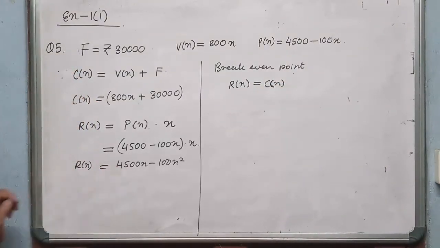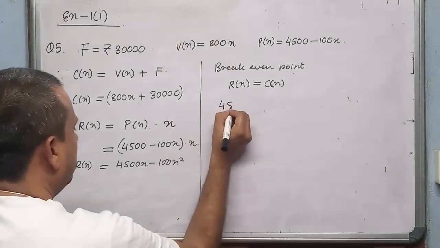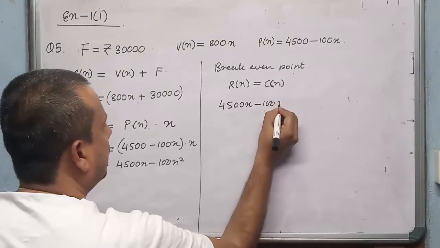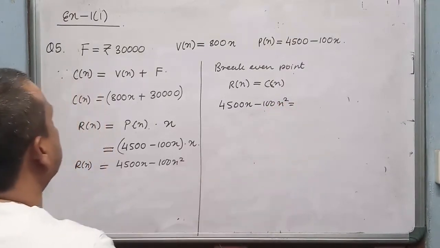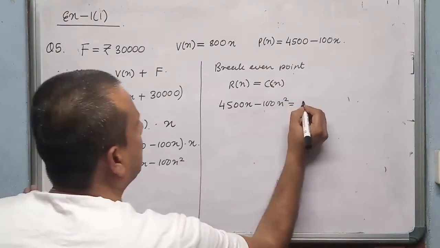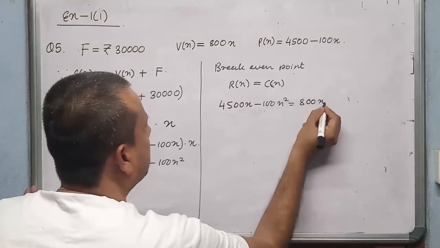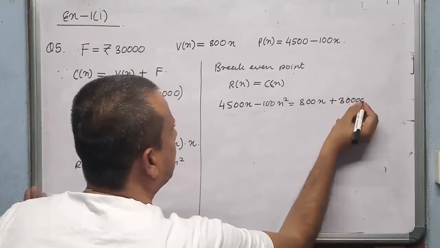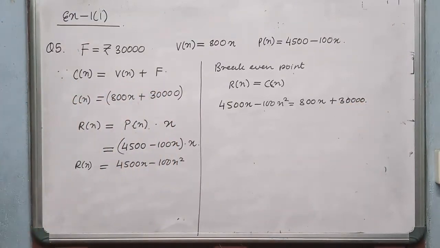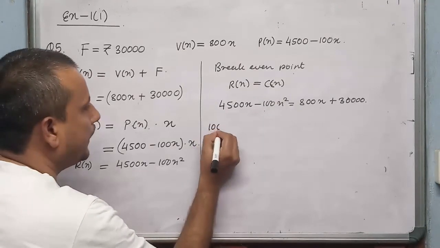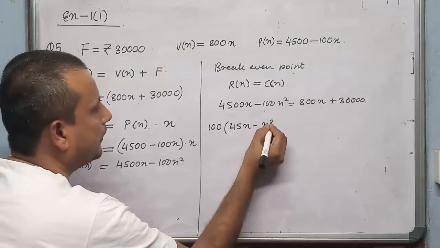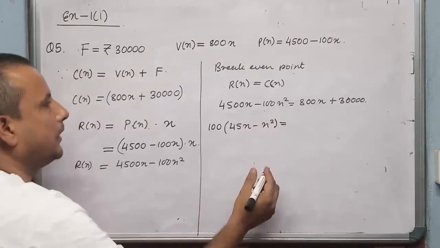Now the revenue Rx is 4500x minus 100x square is equal to the cost function, 800x plus 30,000. Now from both sides, first of all, I'll take 100 common.